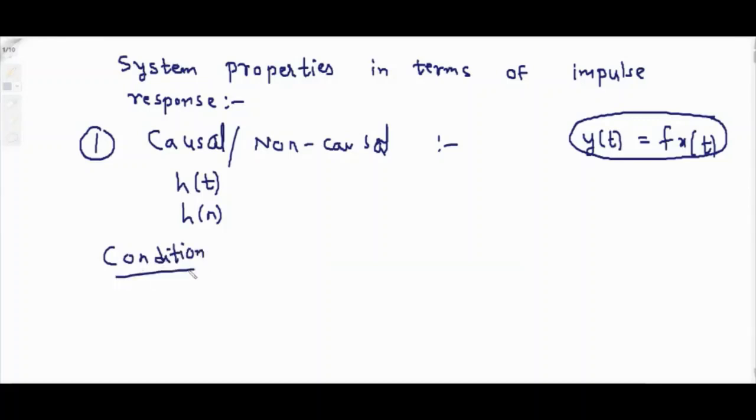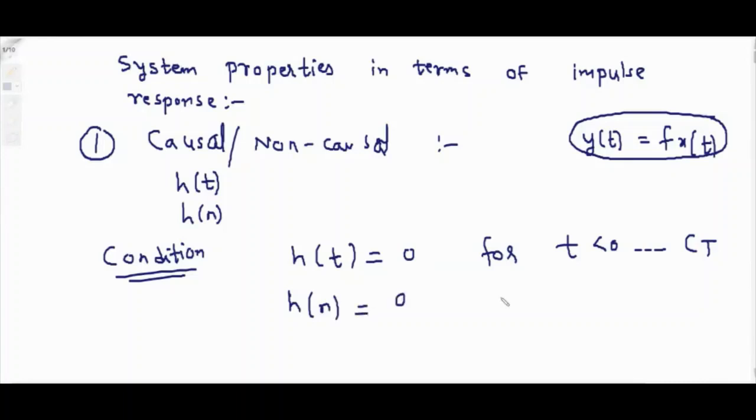The condition is h of t equal to 0 for t less than 0. This is for continuous time. And for discrete time, what will be the condition? h of n equal to 0 for n less than 0.